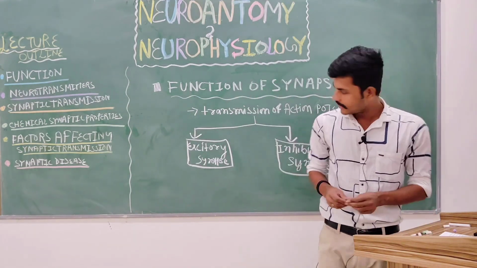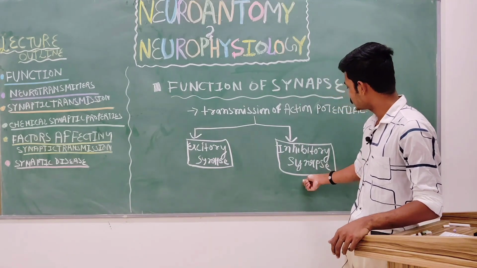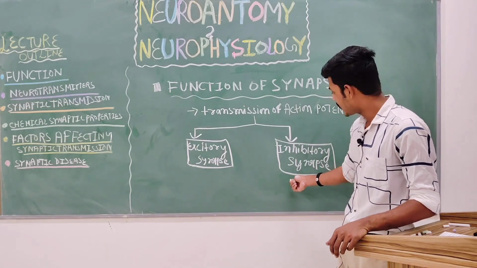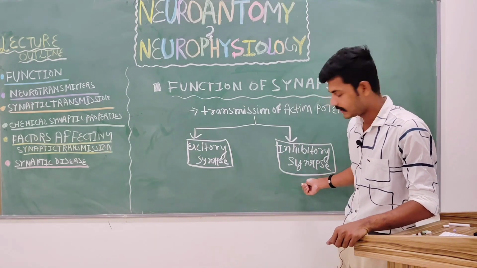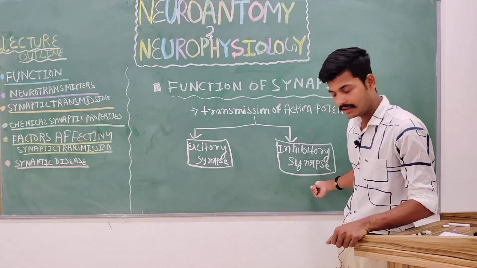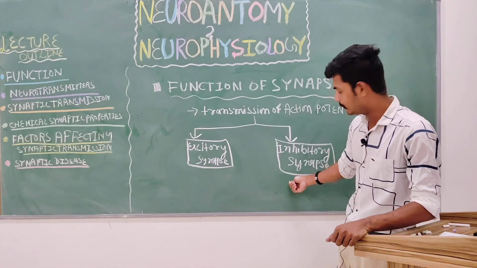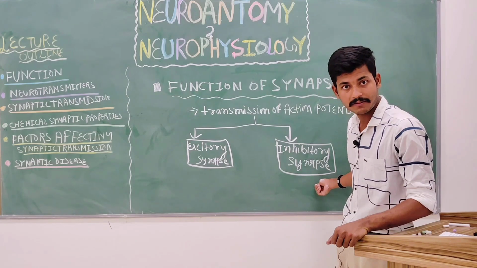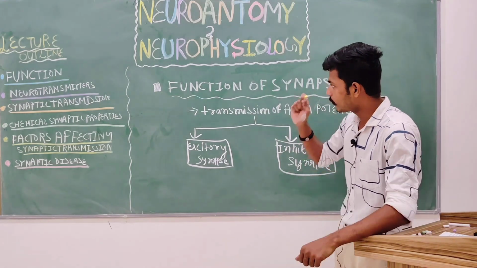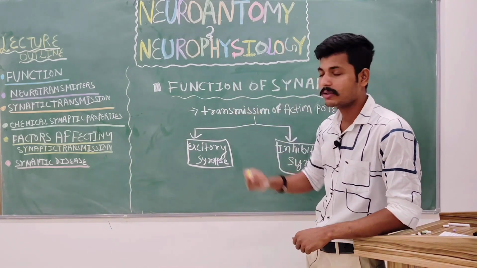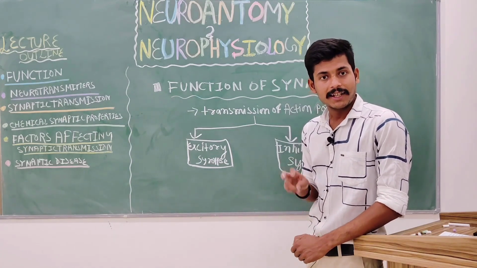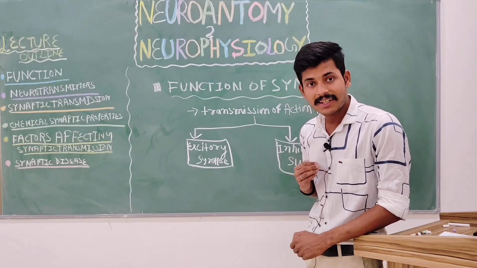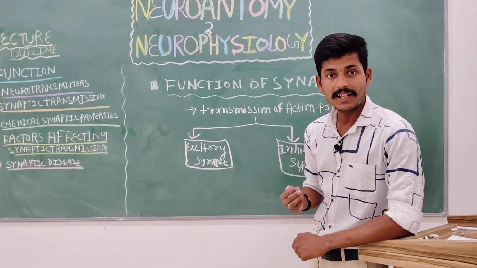We will see that the inhibitory functions are classified: there can be direct inhibition, indirect inhibition, and presynaptic inhibition. But for a while, just understand that the function of the synapse is not only about enhancing the function.